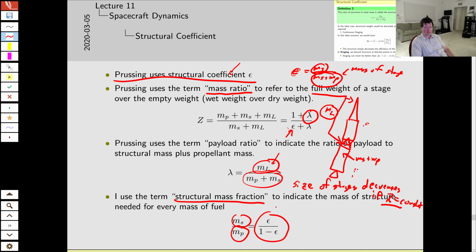You can definitely get it from the structural coefficient. I just think of it as how much container is needed for a given amount of propellant. But that doesn't include the nozzle, so maybe that's not a good term to use. By far, structural coefficient is more common.